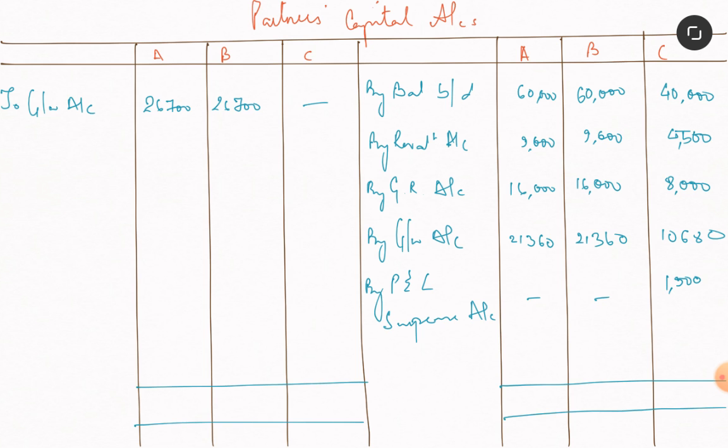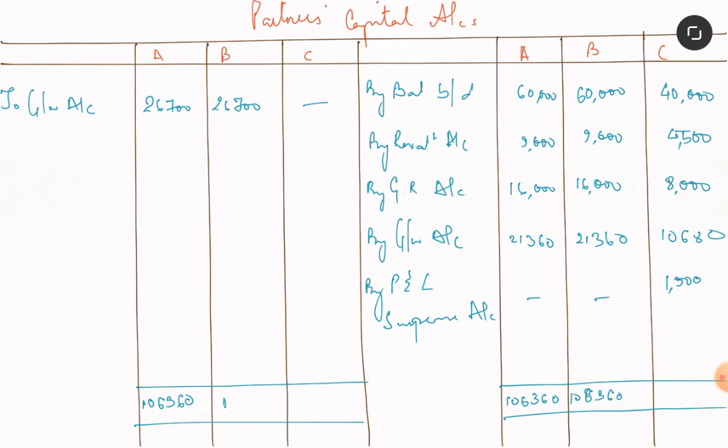So let's close down the partner's capital account. What is the total? Okay, so in case of partner A, the total should come to rupees 1,06,360. And in case of partner B, our total comes to rupees 1,06,360 once again.